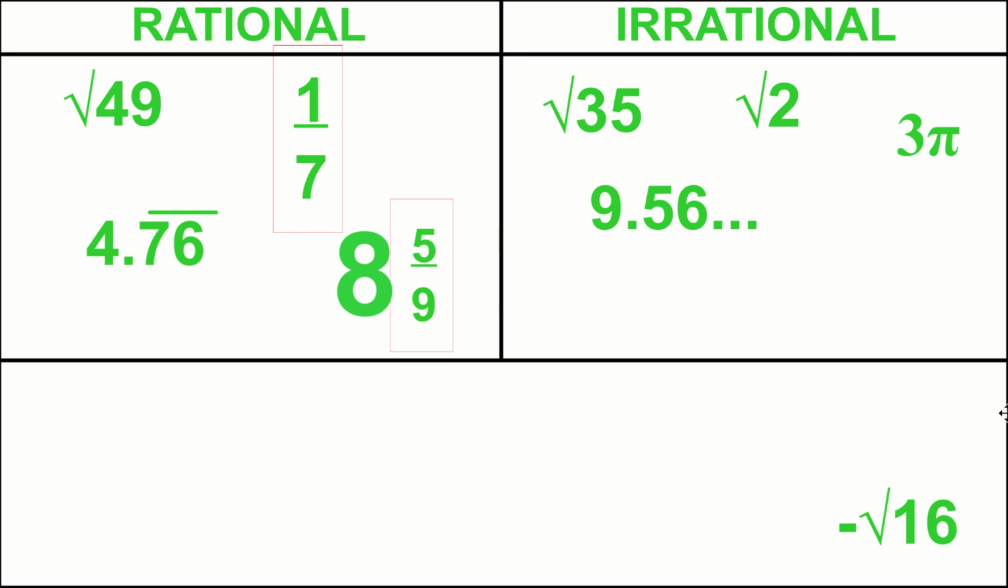Negative square root of 16. Rational. What's the square root of 16? 4. So square root of 16 is 4. The negative in front of it doesn't really affect it. That just makes the whole thing negative. Negative 4 is still going to be rational. Okay? Anybody got any questions on those?